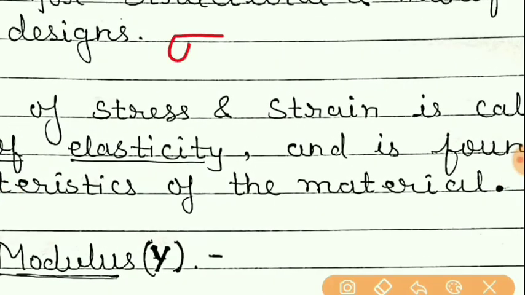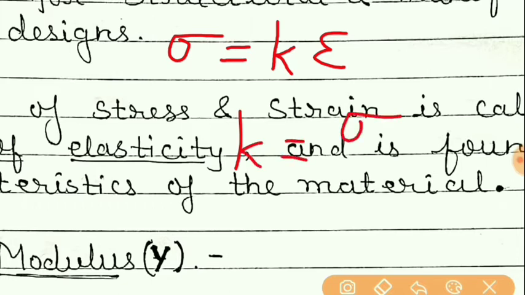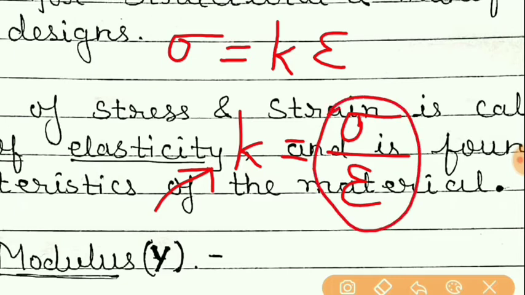We know that stress and strain, if you put an equal to sign, there is a constant K. If we make the subject constant K, then we can write stress upon strain. So this modulus of elasticity is nothing but the ratio of stress and strain.